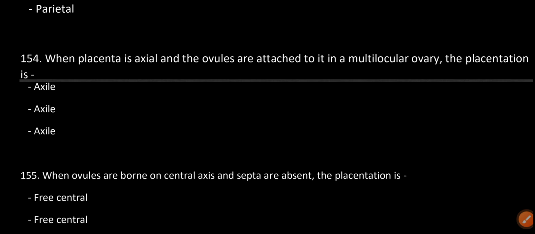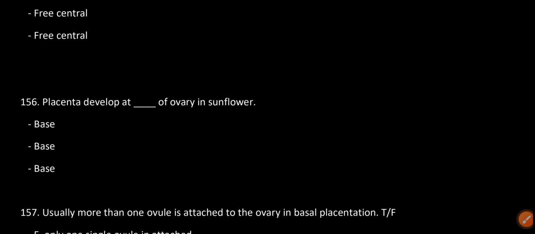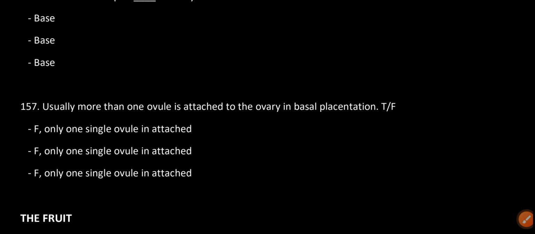When ovules are borne on the central axis and septa are absent, the placentation is free central. Placenta develops at the dash of the ovary in sunflower. Base. Usually more than one ovule is attached to the ovary in basal placentation.